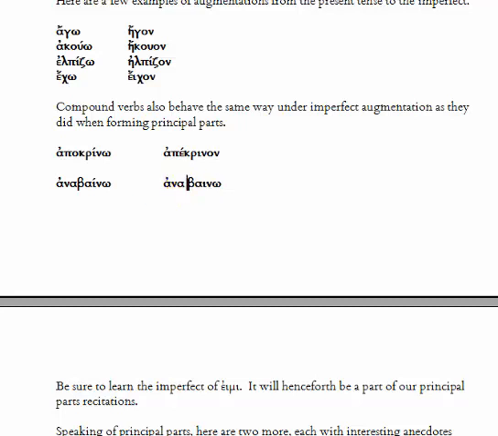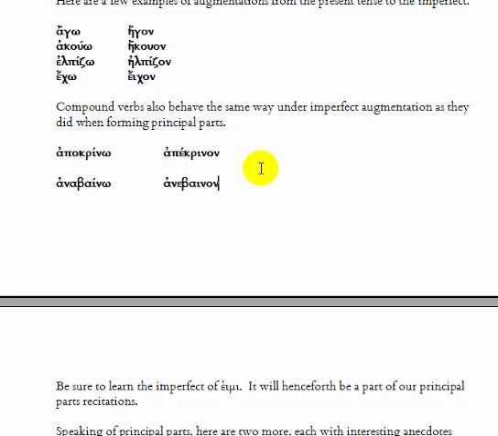Basically it's considered baino of itself. You augment, go to the secondary ending, and then if you want to add it to a compound, you just elide if the prefix ends in a vowel, and you're good to go. It's the same idea as how we've seen this before with the principal parts.